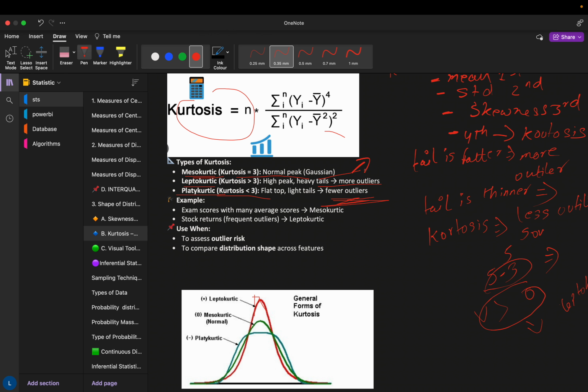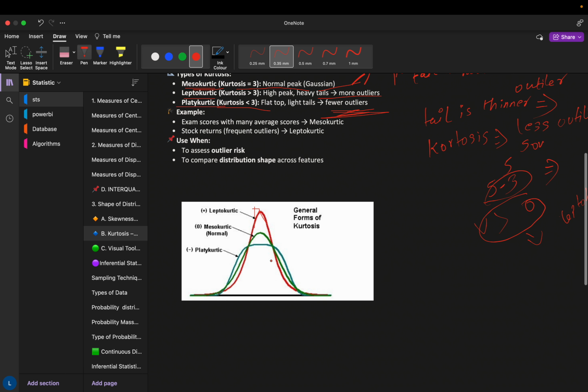It normally represents a normal peak or the normal distribution. Even in the figure you can see that this green chart represents the mesokurtic, which is a normal or Gaussian distribution.